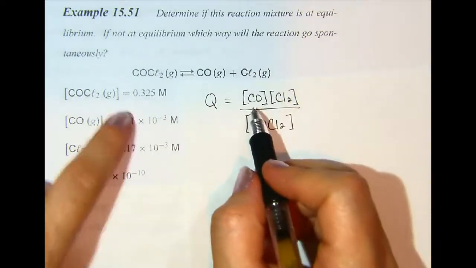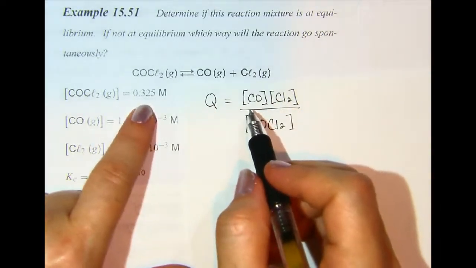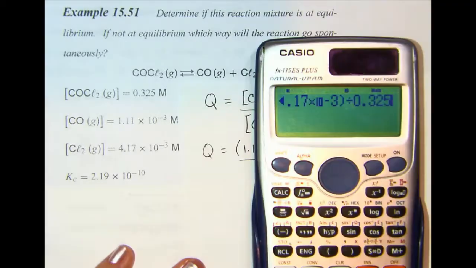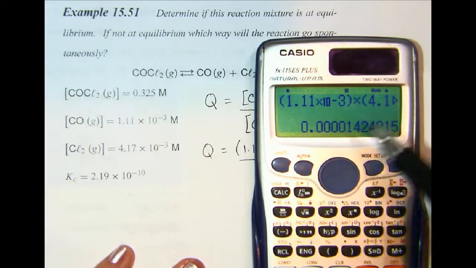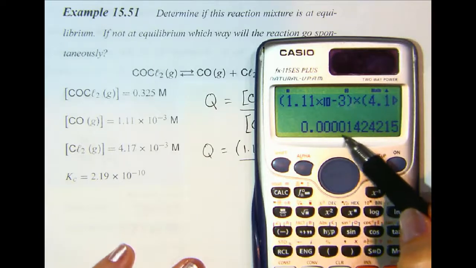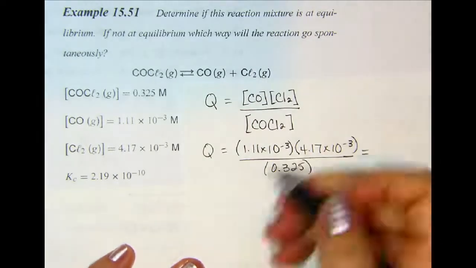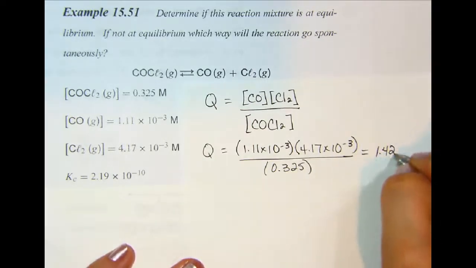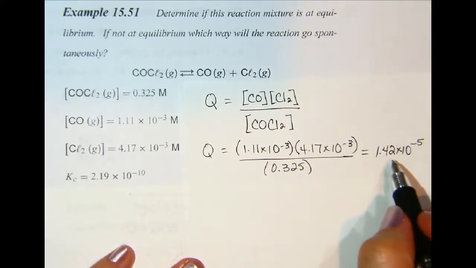So I'm going to insert my concentrations into the equation, and this gives us 1.42 times 10 to the -5. Remember, this is going to have no unit.